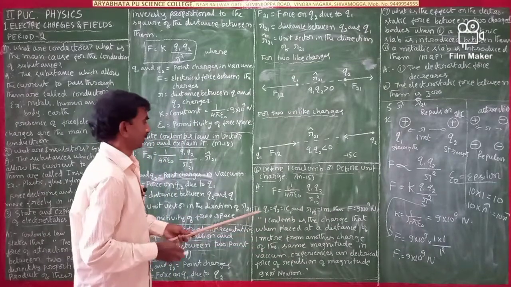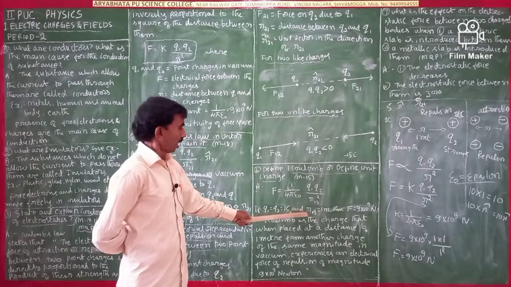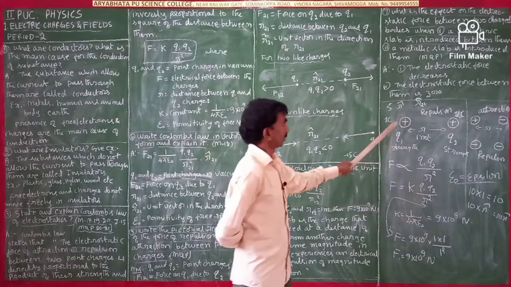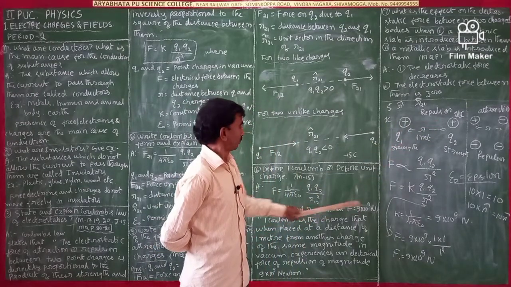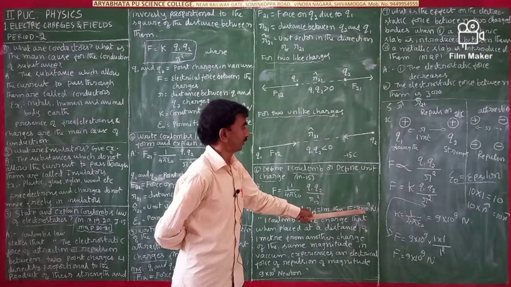This is the unit charge. Q1 is equal to Q2 is equal to 1 Coulomb. R12 becomes 1 meter. The distance between 1 and 2 is 1 meter. Then F becomes 9 into 10 to the power of 9 Newton. 1 by 4 pi epsilon means 9 into 10 to the power of 9.